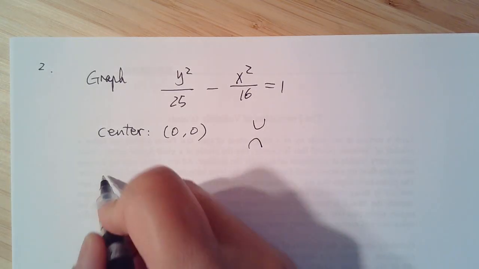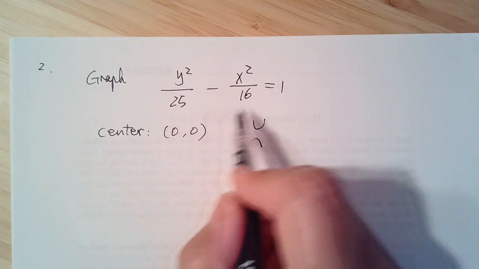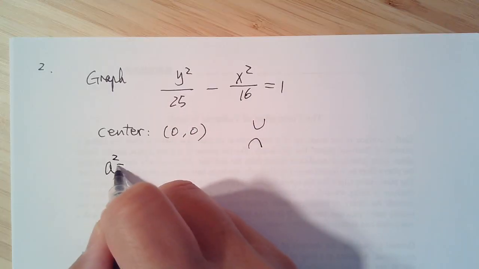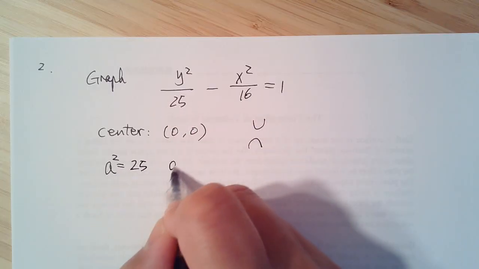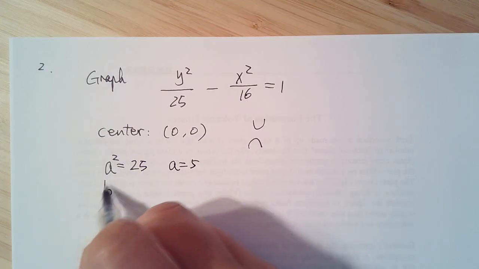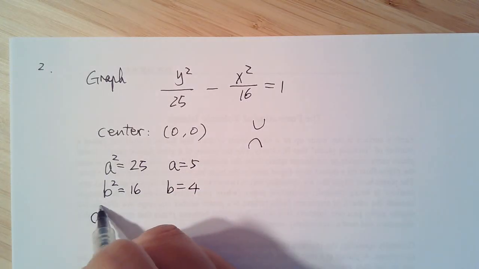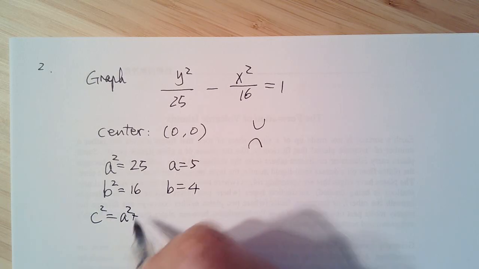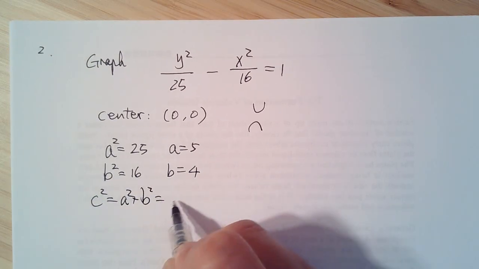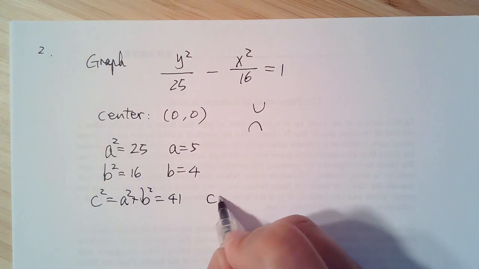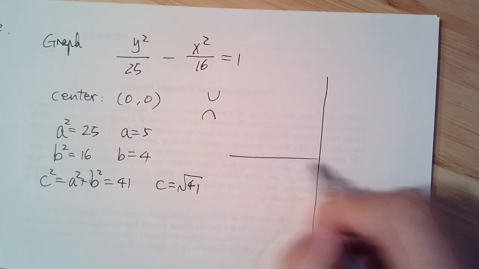If you have up and down, then this is a squared, this is b squared. So again, a squared is 25, so a is 5, and b squared is 16, so b is 4, and c squared is a squared plus b squared, which is 41, right? So c is √41.